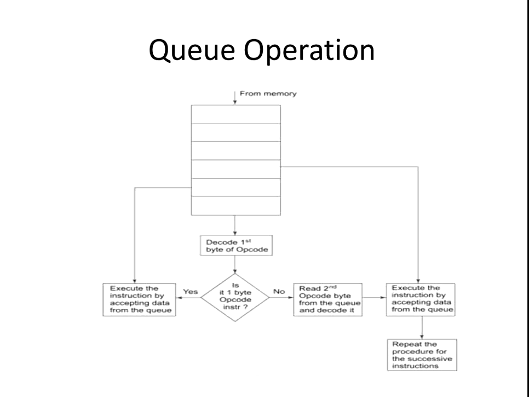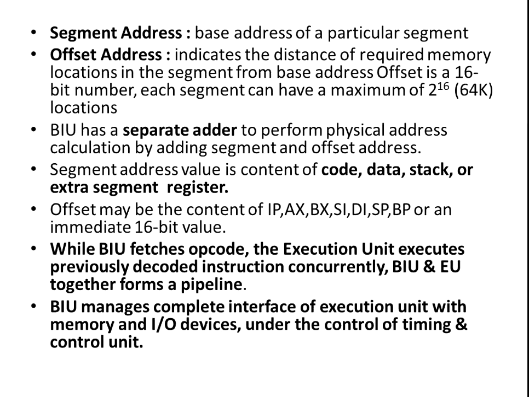So now we can conclude about the BIU: it will generate the 20-bit physical address by using the segment address and the offset address. The segment address is the content of the code, data, stack or extra segment register, and the offset value may be the content of IP, AX, BX, SI, DI, SP, BP, or an immediate 16-bit value.